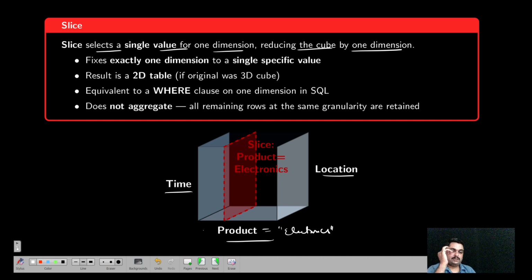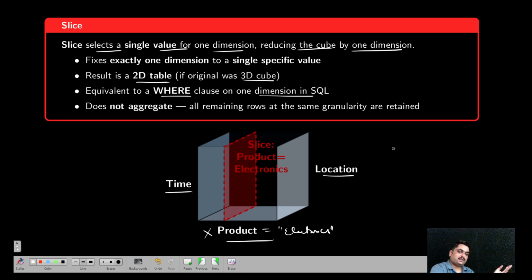That means this dimension becomes redundant and can be removed, because I am getting only values for electronics. So the product column is not required, and the result is a 2D table. It is equivalent to a where clause in SQL: select star from the table where product equals electronics. So I need not have the product column. That is the concept of slice.